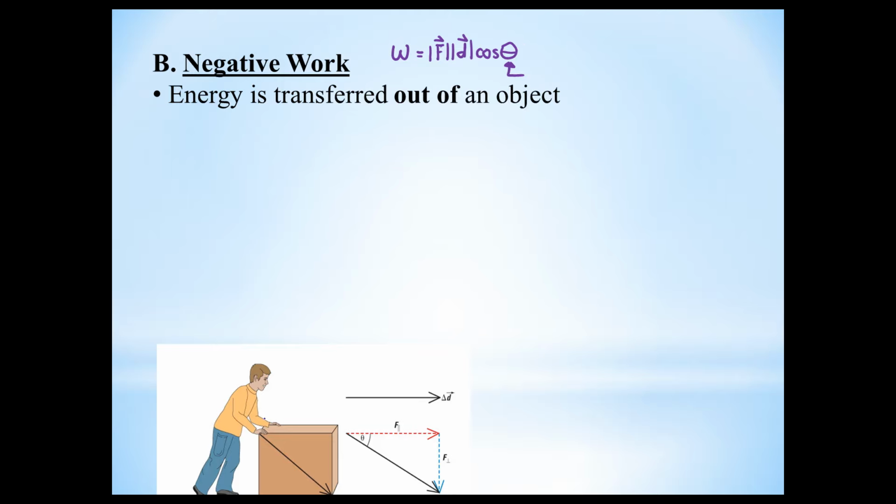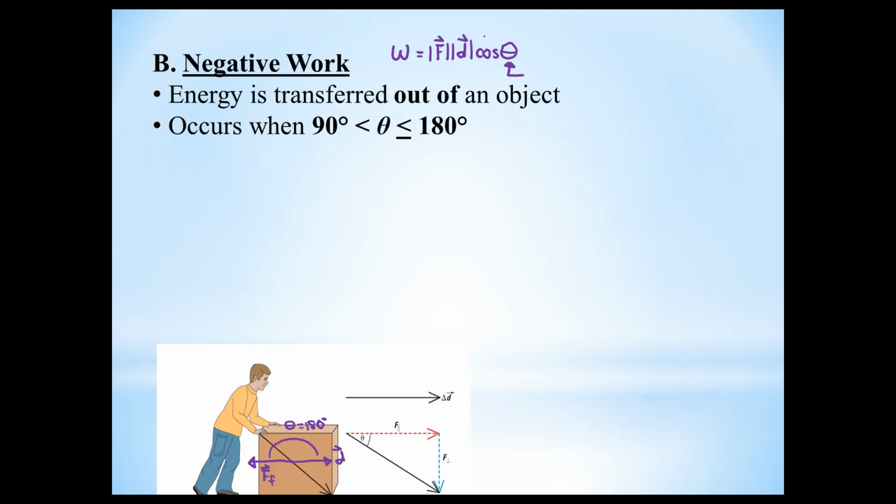And it turns out if you drew a free body diagram of this object here, the force of friction would point towards the left. Force of friction is always in direct opposition to the direction the object is moving. And the displacement of the object would be towards the right. Therefore, the angle between the two would just be a semicircle, which would give you a 180 degree angle. So when cos is 180 degrees, it's -1, and that would give you negative work.